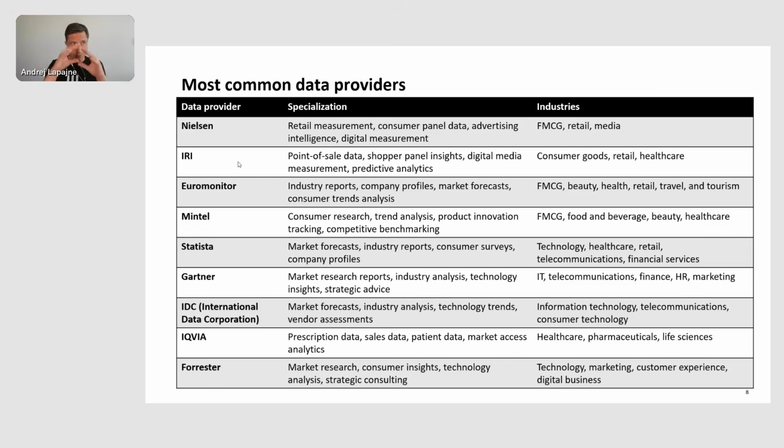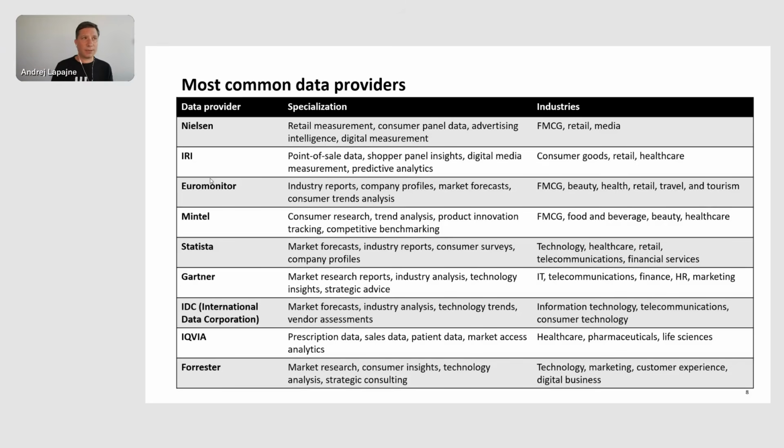So basically on one market. So maybe Nielsen is the data provider most well known especially in FMCG, retail, media industries. But then you have a ton of others like IRI, Euromonitor, Mintel, Statista, Gartner, Forrester, and so on.